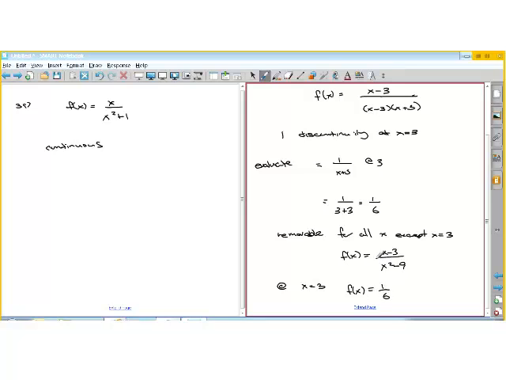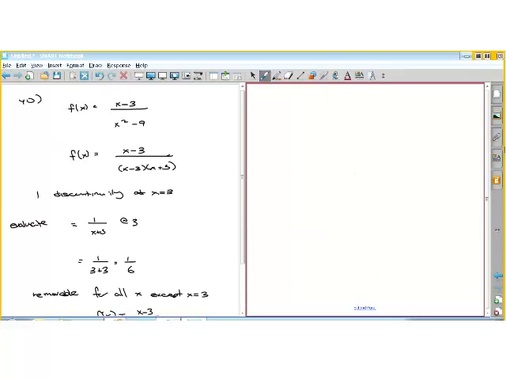And that value bridges this hole in the function, where we have an indeterminate result.